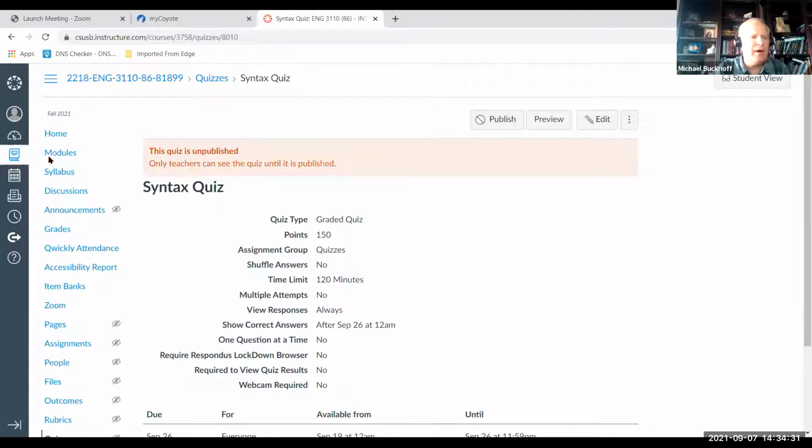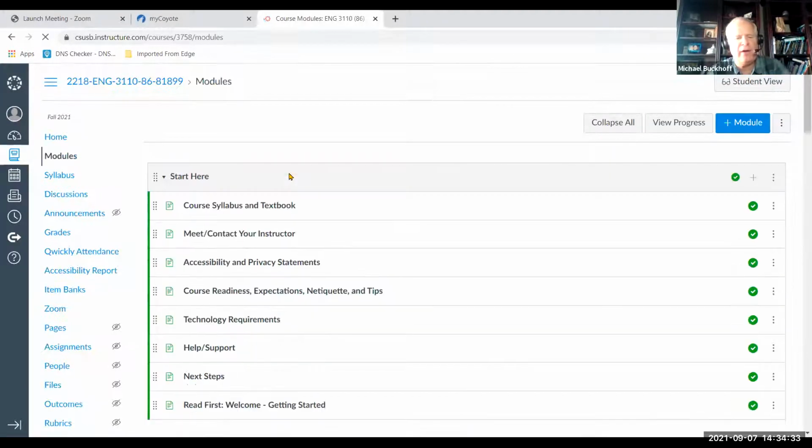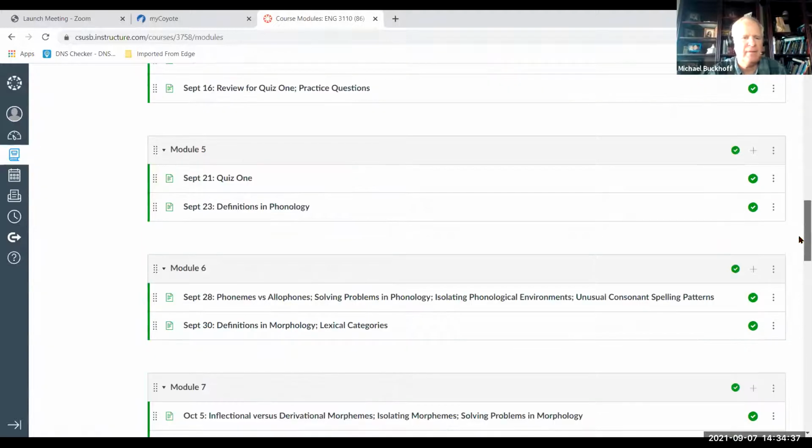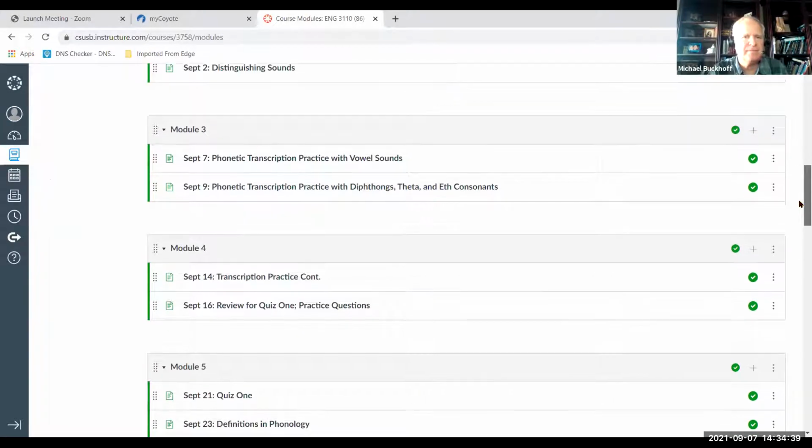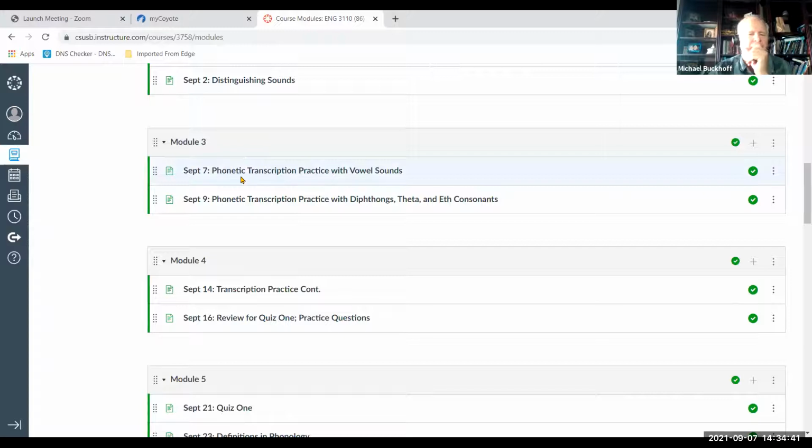Okay, let's get into the modules now. So let's see what we have today. Okay, so phonetic transcription practice with vowel sounds, and thankfully we are a little bit ahead. This is good. So let's get into the workbook and get right to it.